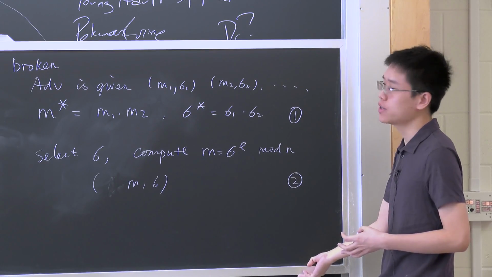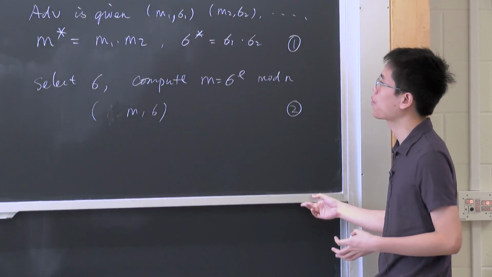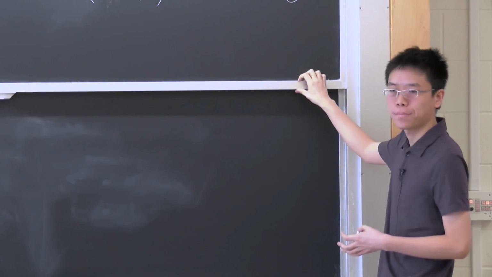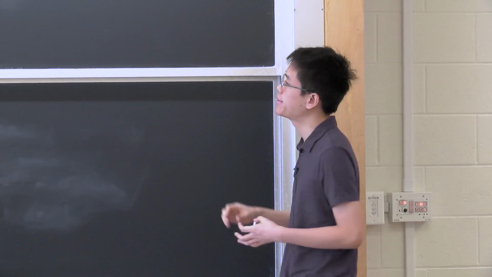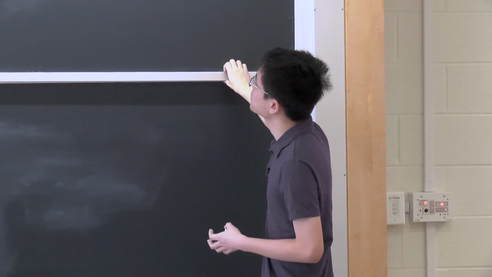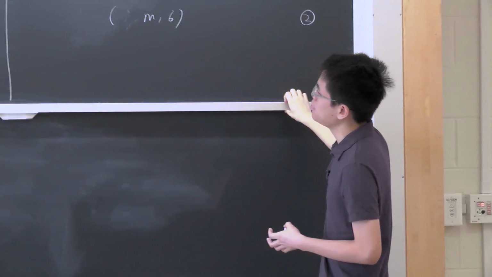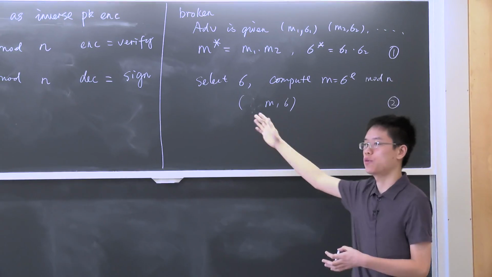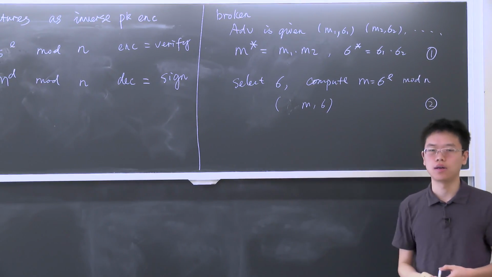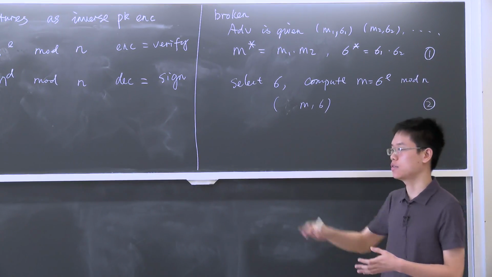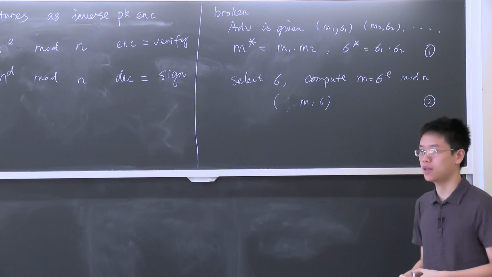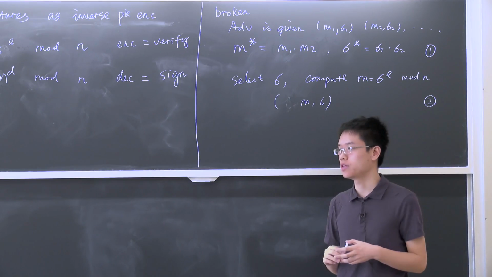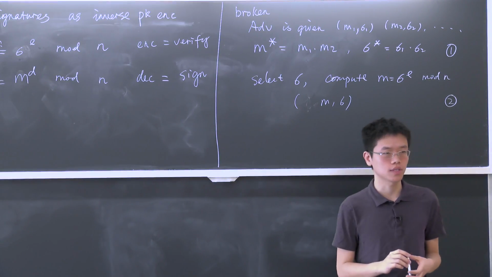So let's try to fix it. Any ideas? We do not want to change the framework. Let's still use RSA and combine it with some other primitive you have seen to try to fix it.